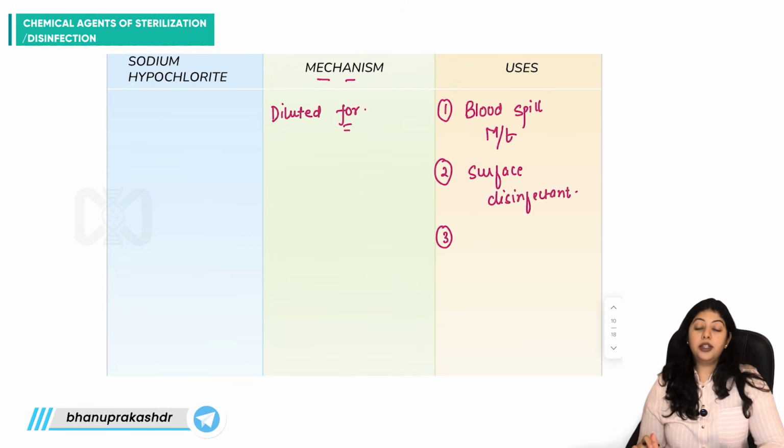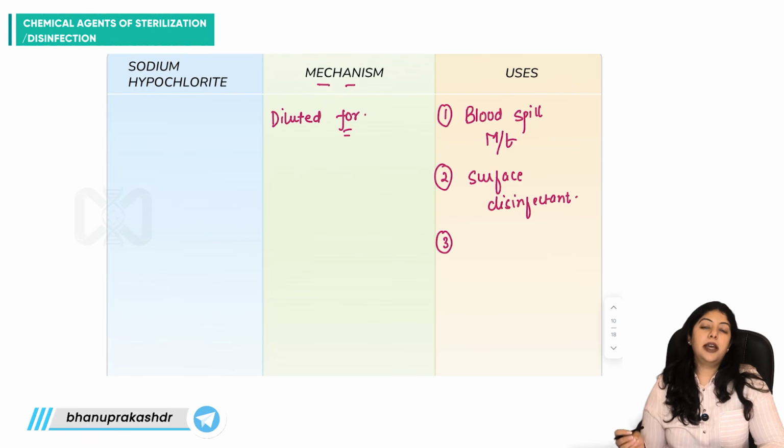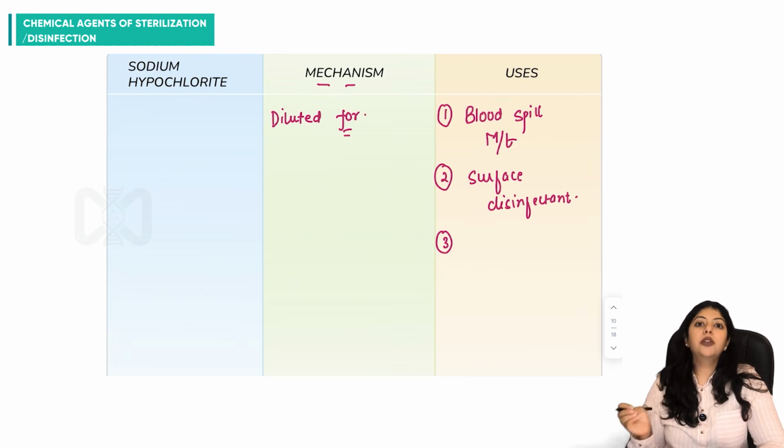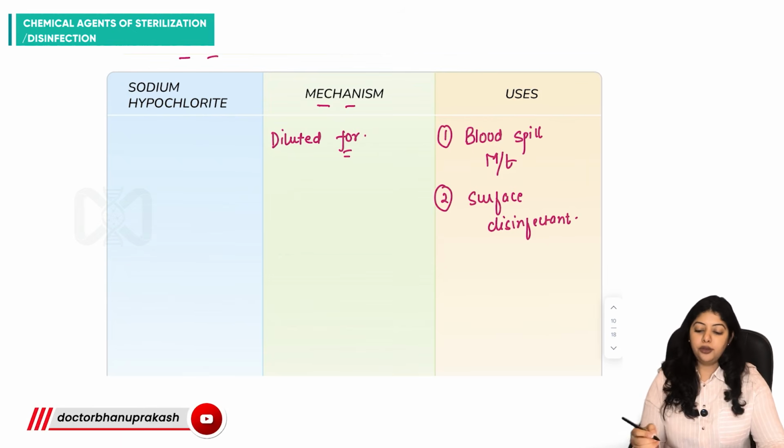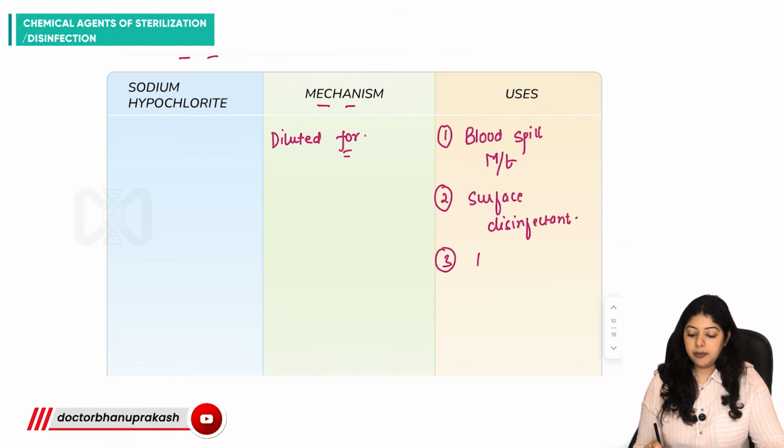In microbiology labs, we use this as a solution where we put all the slides and all the bacteriological specimens inside first before taking them for autoclaving, right? Sodium hypochlorite can also be used as lab disinfectant.